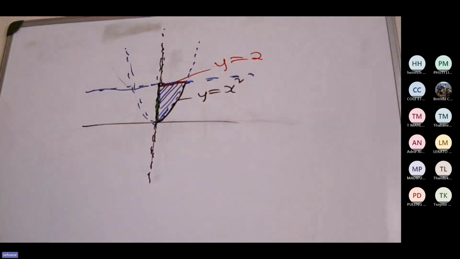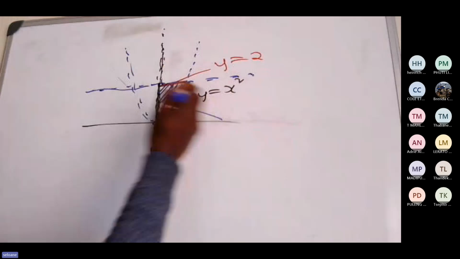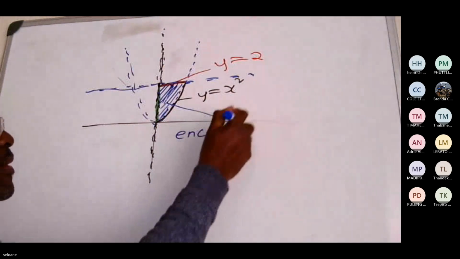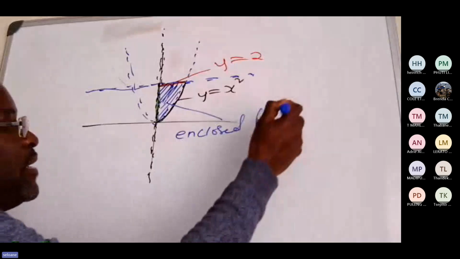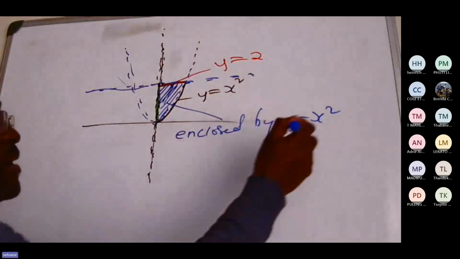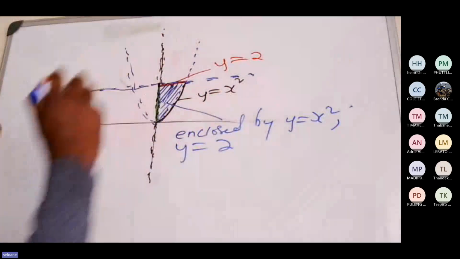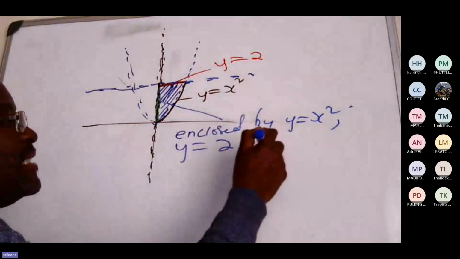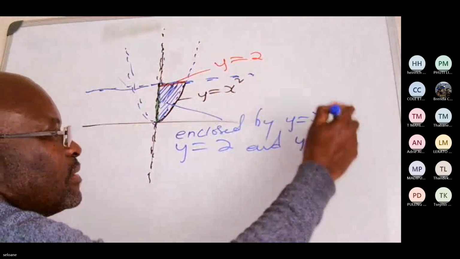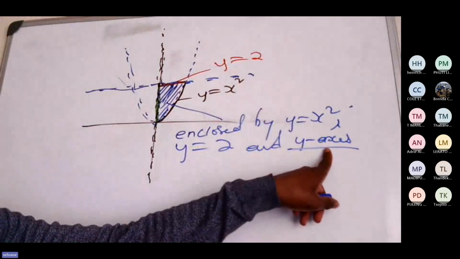Hopefully we are together. This region is enclosed by what? By y equals x squared, by y equals 2, and the y-axis, which is x equals 0.